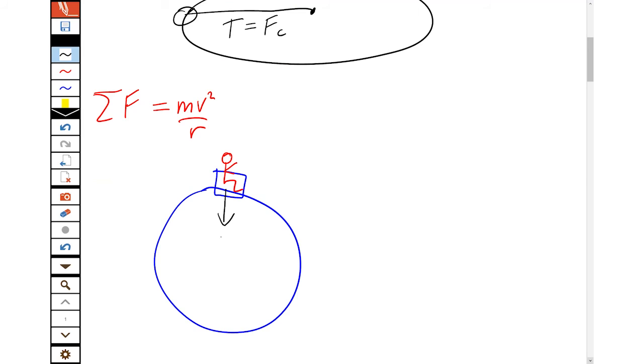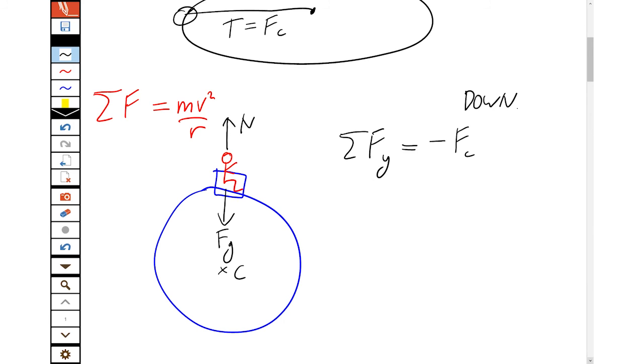And so you have the weight acting down and the normal force from the seat that you're sitting on pushing up so that you don't fall down. And the center of the circle is below you. So the sum of all the forces in the y direction must be the centripetal force towards the center of the circle. So that's the centripetal force down towards the center of the circle.